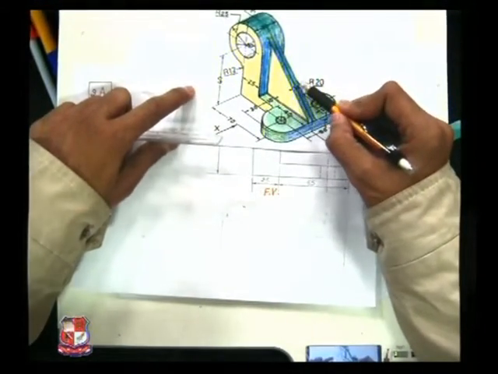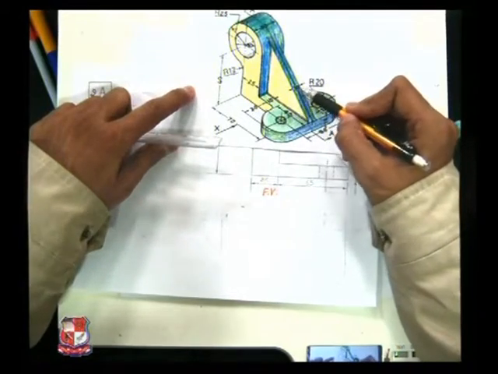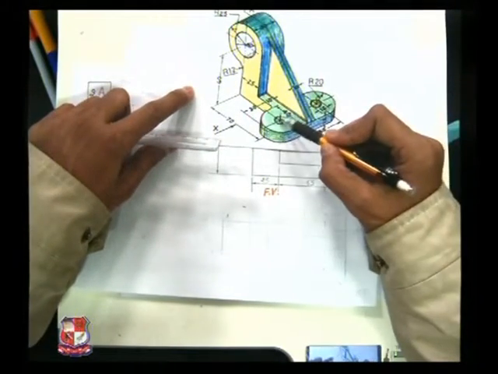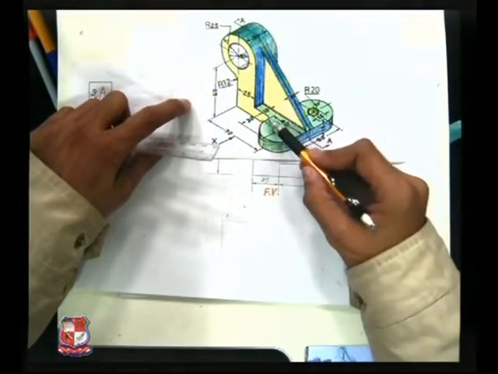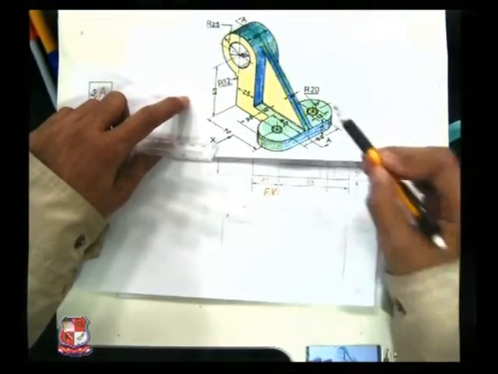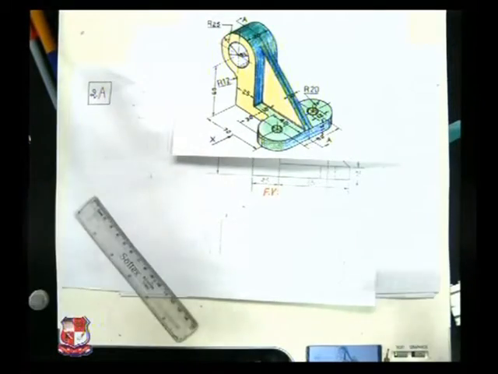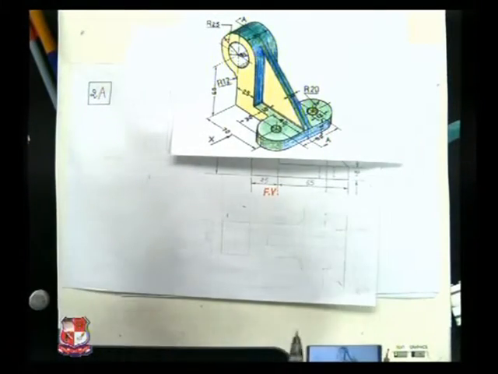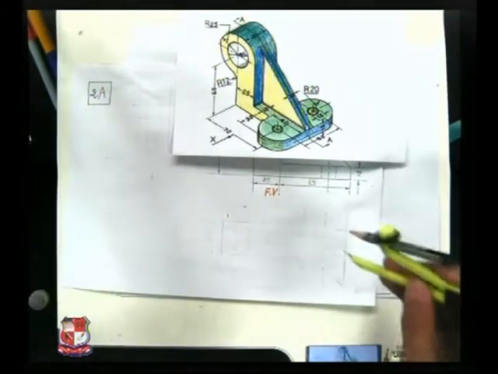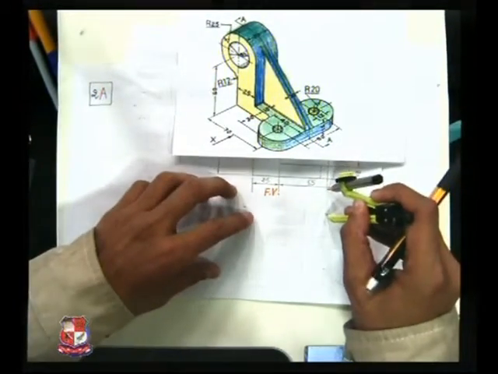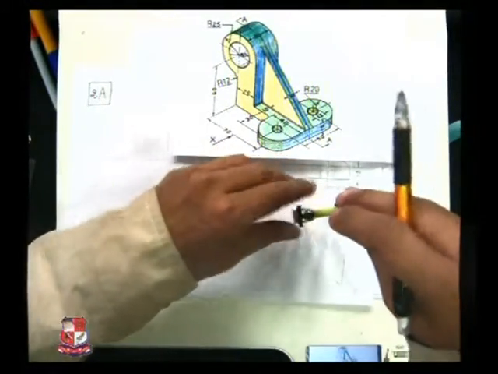This strip having width of 10 millimeter would be visible as two horizontal lines. These circles will be visible, both the circles, and these two arcs would be visible, 20 mm radius. So first we draw the arc of 20 mm radius. For that, take 20 mm as a radius, draw an arc like this.